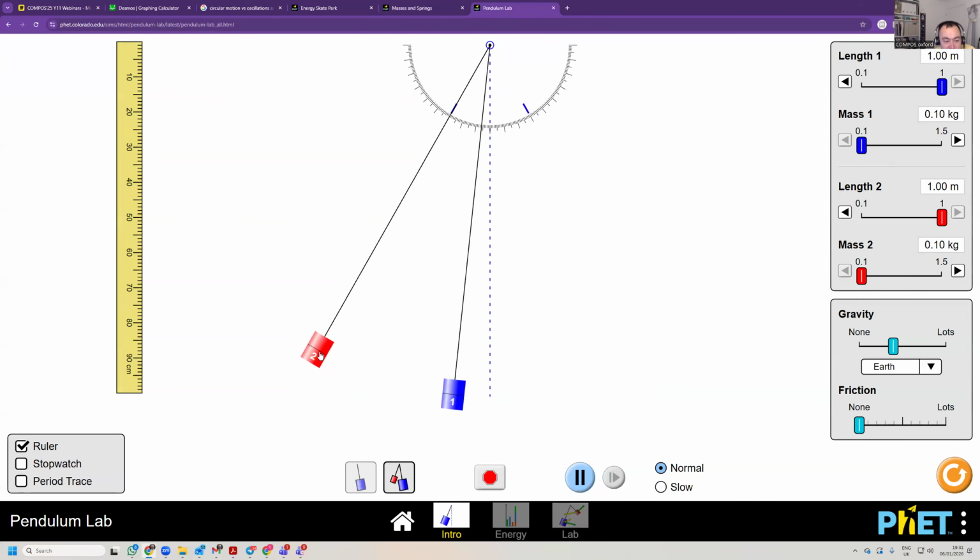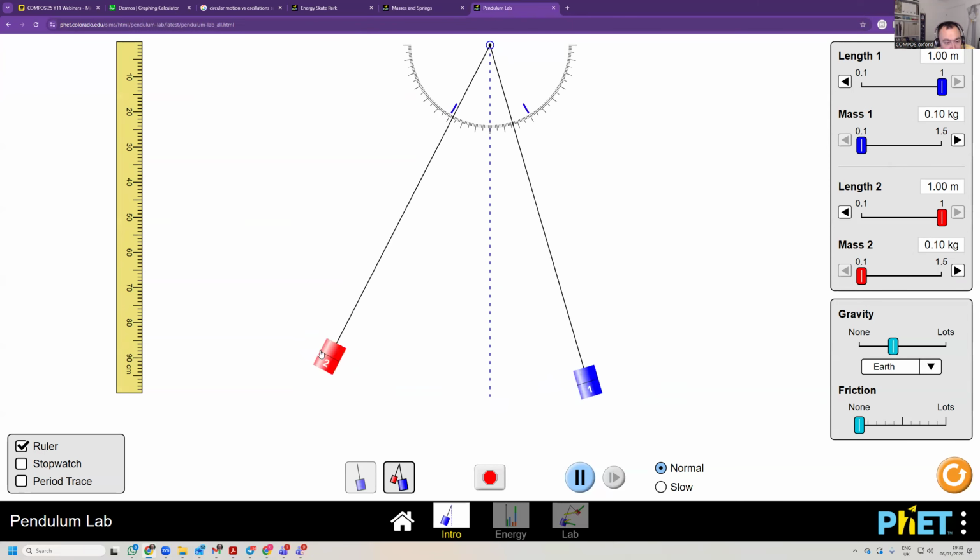Now they have a phase difference of about pi over 2. And now minus pi over 2, so the blue one is behind the red one. Now the blue one is tracing the red one.